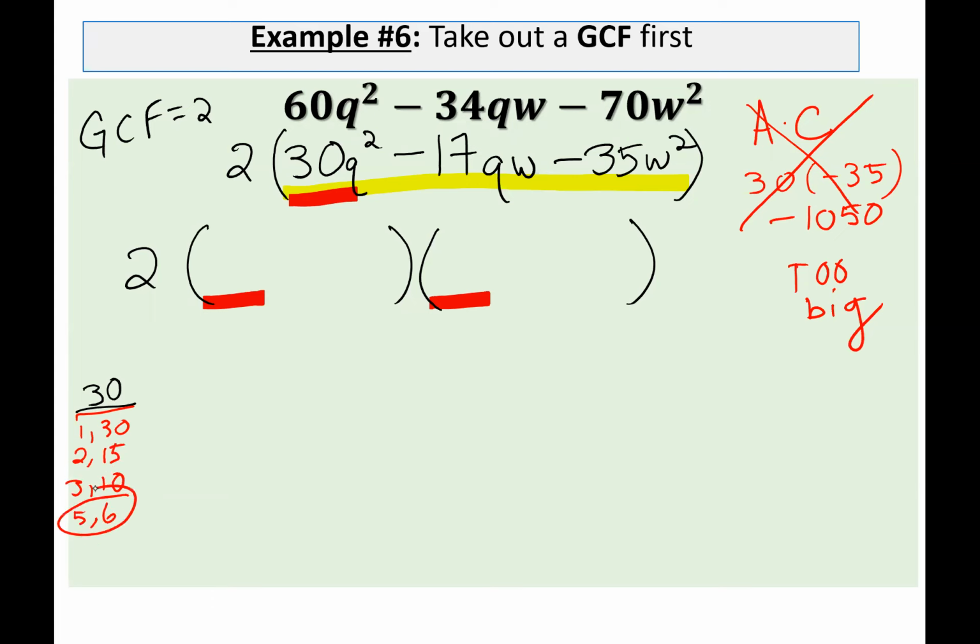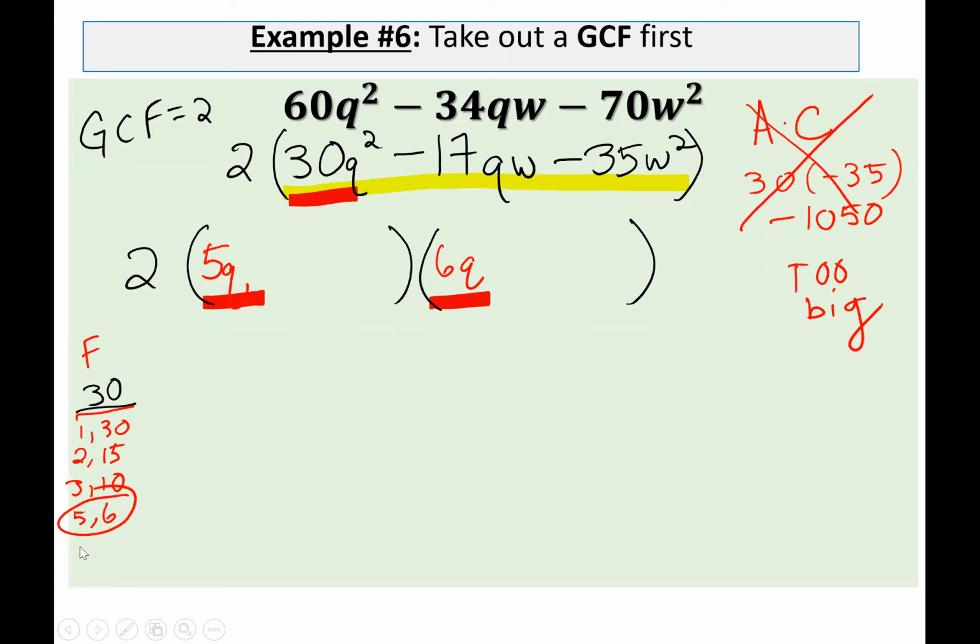Let's go with the ones that are closest together, 5 times 6. So I'm going to fill in 5q times 6q. I'm trying these because 5q times 6q multiplies to my first term, which is 30q squared. I'm not sure those are the ones that will work, but speaking from experience, if you have a long list like this, it's usually the ones that are closest together.